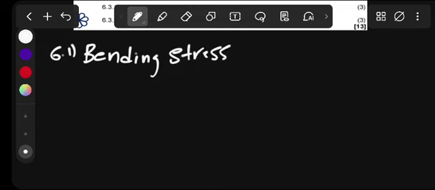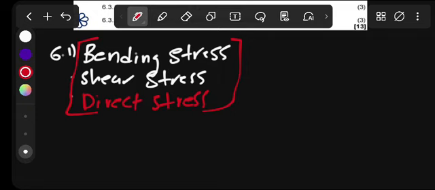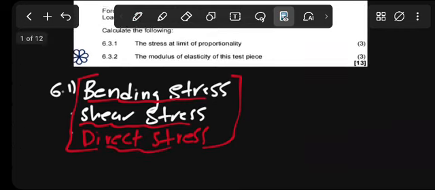So far these are the 3 types of stress: bending stress, shear stress, and direct stress. This is what you're supposed to know so far.